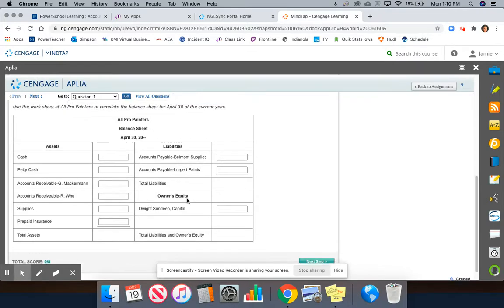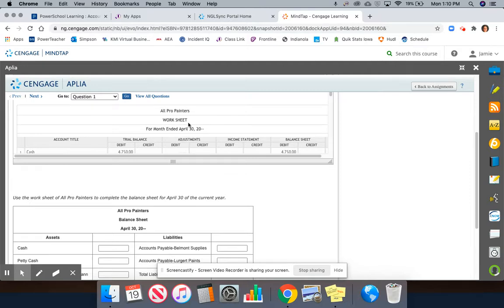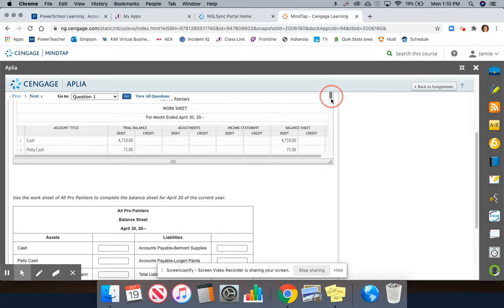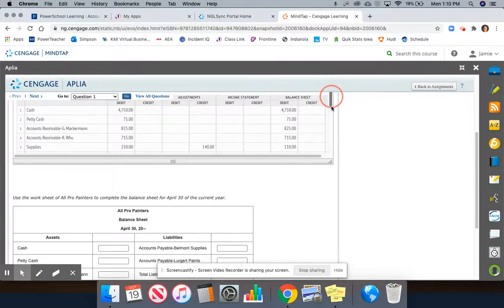Now we need to take our values from the worksheet and put them into the balance sheet. So we are going to be using numbers just from the balance sheet columns over here on the far right and transferring them into our balance sheet. So the cash value, $4,750. Petty cash, $75.